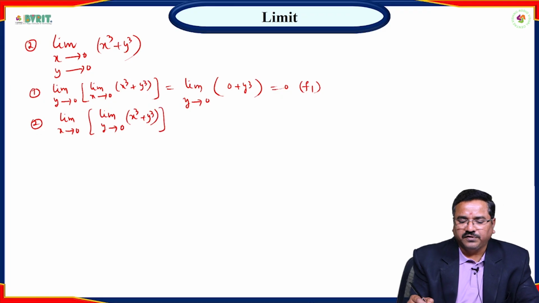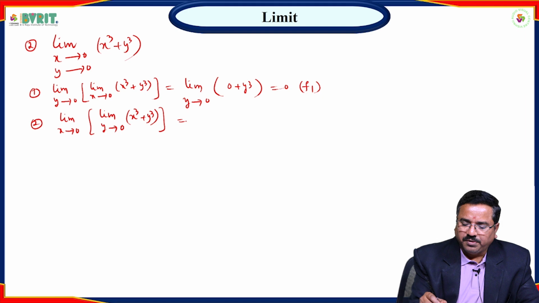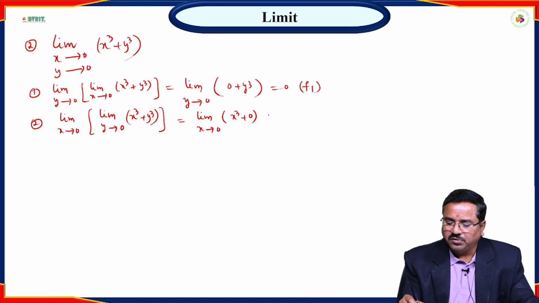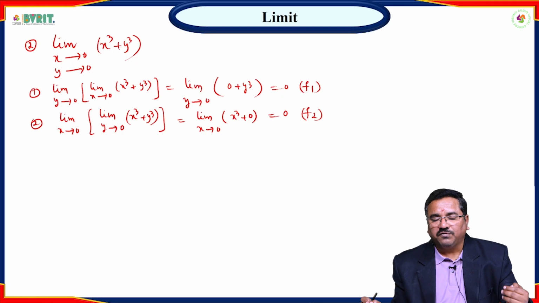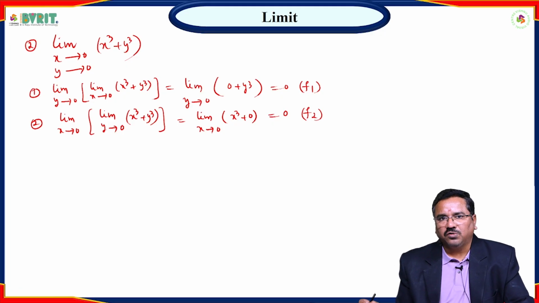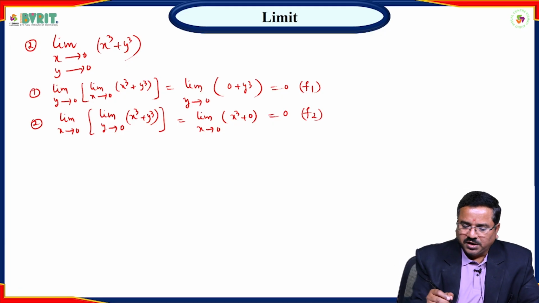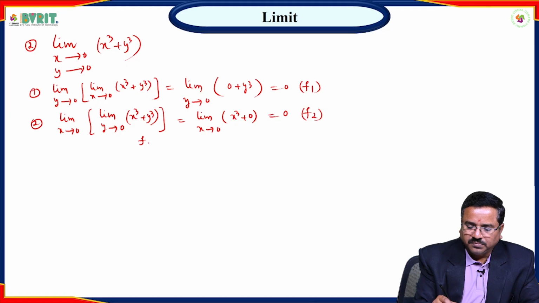First substitute y is equal to 0, then it becomes limit x tends to 0, x cube plus 0. Finally substitute x is 0, we get 0. This is f2. We stop generally if not equal, we can easily conclude. If equal, we go to the next step. Here f1 is equal to f2, so we will go to the next step.